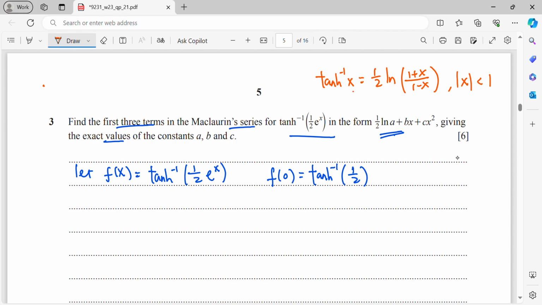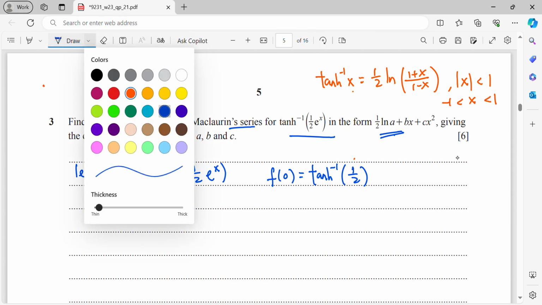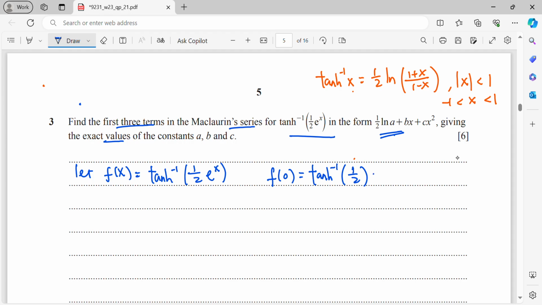That means now your x is half. So it's okay, because modulus x less than 1 means that your x is between minus 1 and 1. Okay, so just replace the x by half, then I will get half ln of 1 plus half over 1 minus half. So this is going to be half ln of 3 over 2 divided by half. Then you will be getting half ln 3.